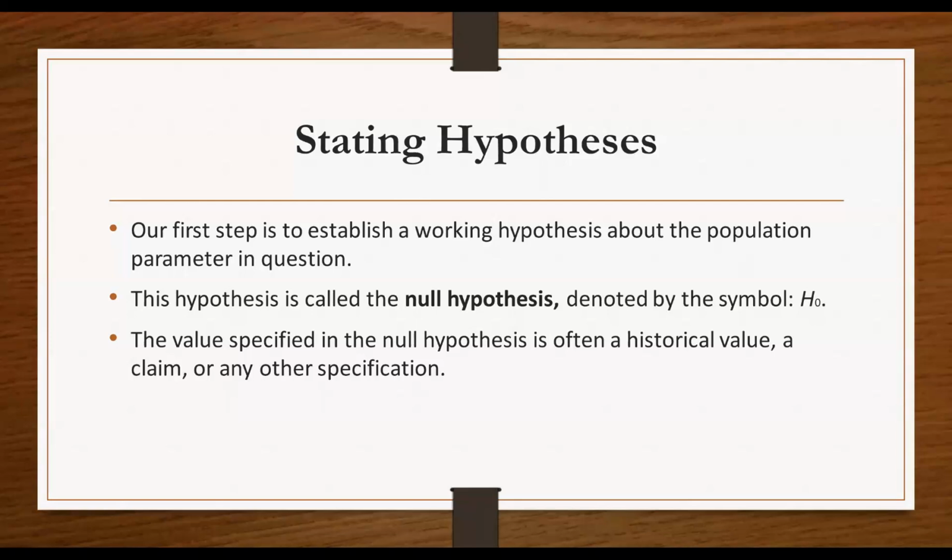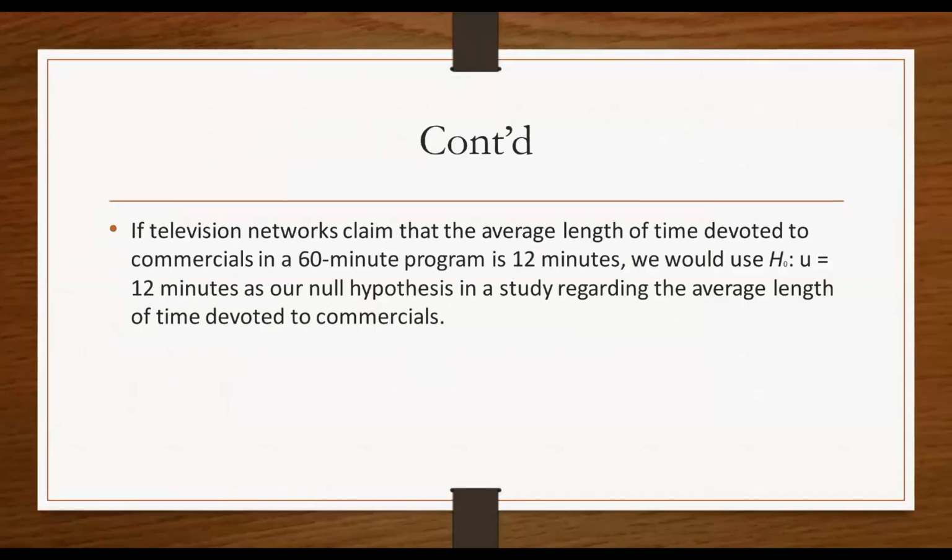That existing claim. Let me give you an example you can easily relate with. Let's say a television network claims that the average, which is the mean, length of time devoted to commercials in a 60-minute program is 12 minutes.